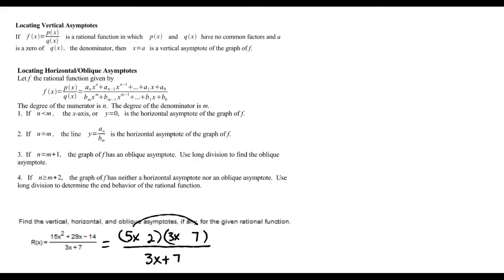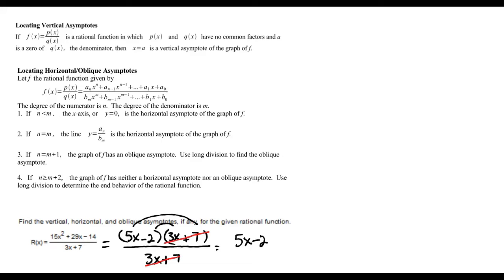That would give me 35 and 6. And I do think that that's going to factor. We need a positive 35 and a negative 6. And so we have this common factor of 3x plus 7, which gives me 5x minus 2.